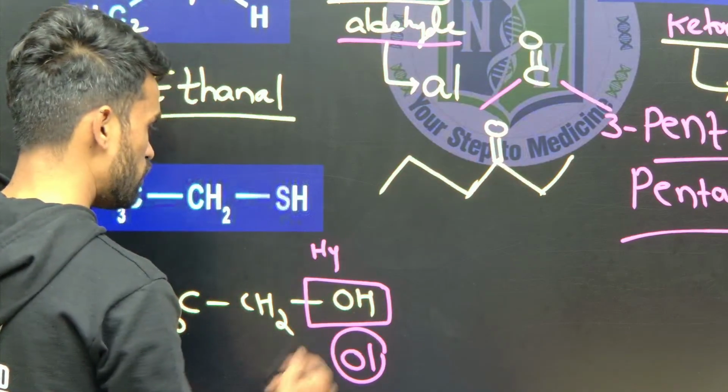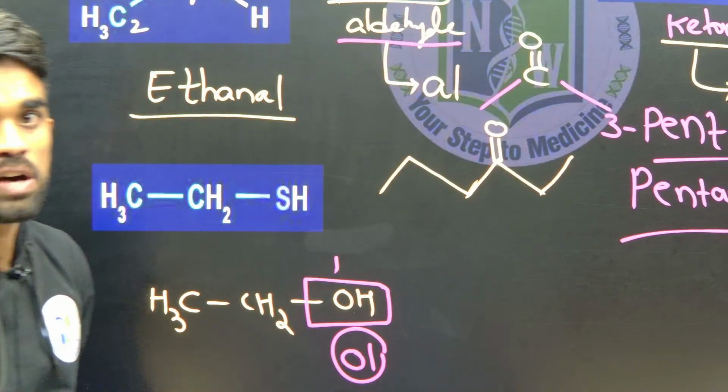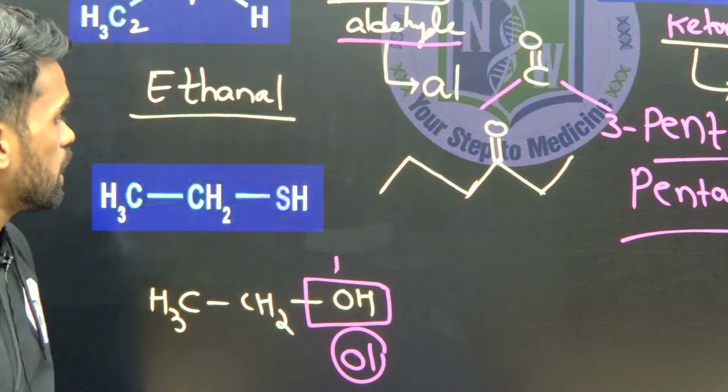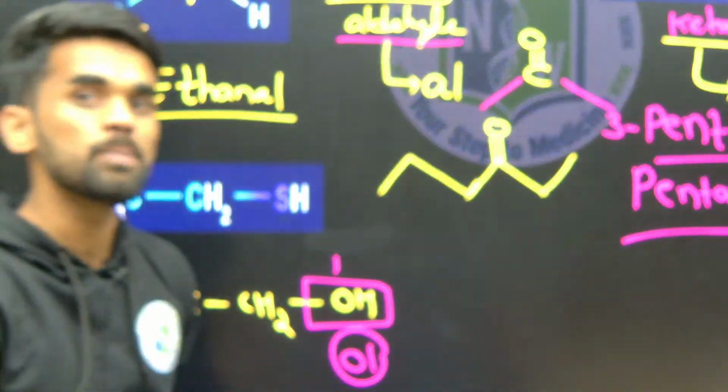Whenever only one functional group is present, you should write the functional group name at the end of the given compound name. If there are multiple functional groups, then we should follow a priority order for naming the compound. Like in a given compound, aldehydes, ketones and also alcohols, all these 3 functional groups are present. Then how can we write the name? So you need to follow some priority order to write their names.